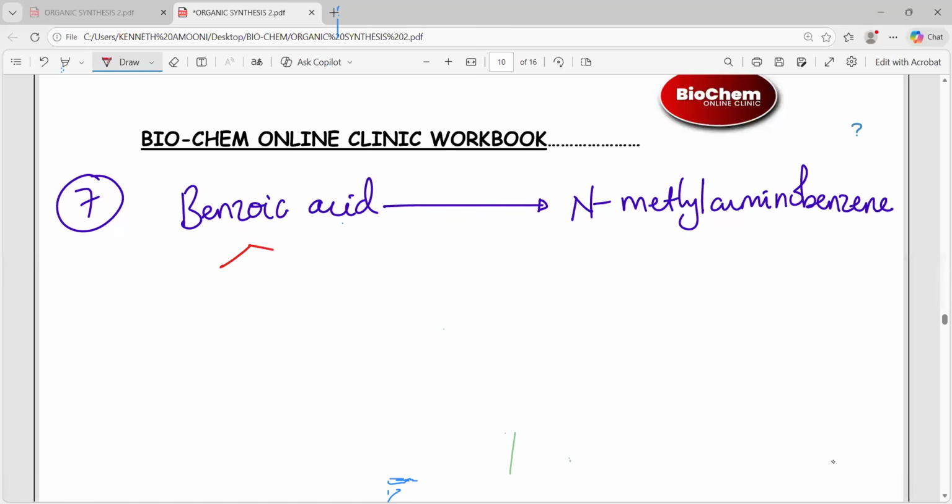The structural formula of benzoic acid is that. Then the structural formula for N-methylaminobenzene. Now this one, we looked at it when we were naming amines, when we were doing the nomenclature of amines. That lesson for amines is in our Google Drive. So we did that, and we say that some complex amines can be named like that. So this is N-methylaminobenzene.